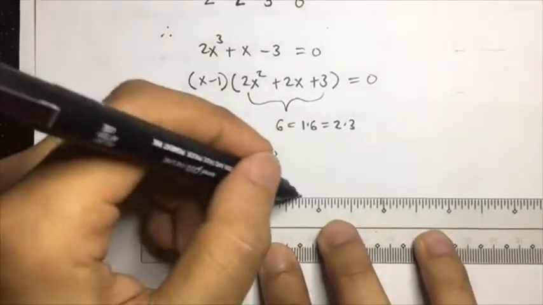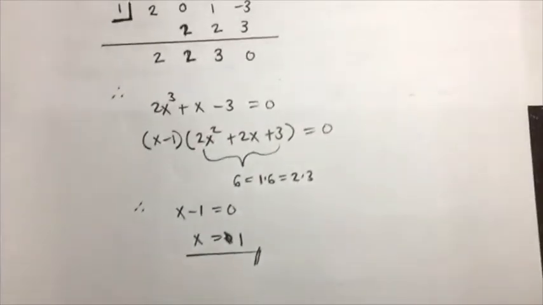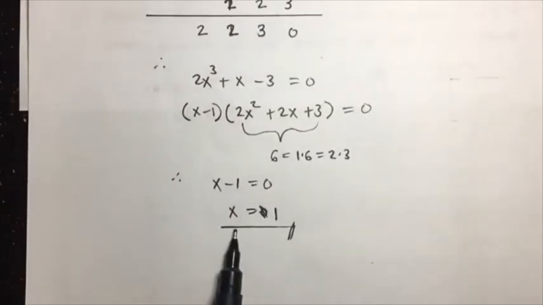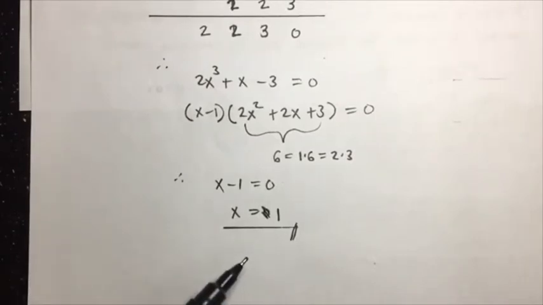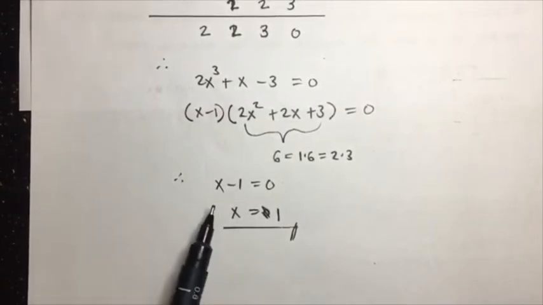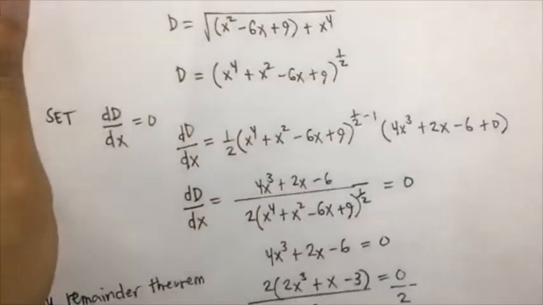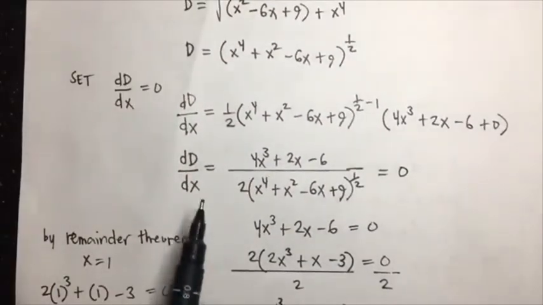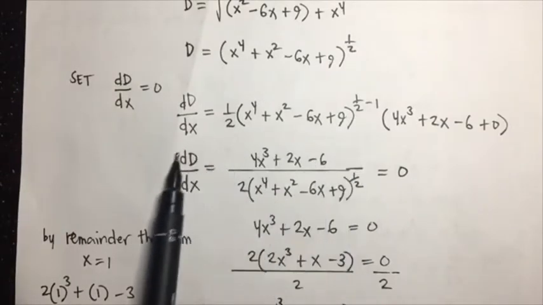So therefore that is the x coordinate of the point of minimum distance. We can try using the second derivative to test if that's really a minimum.